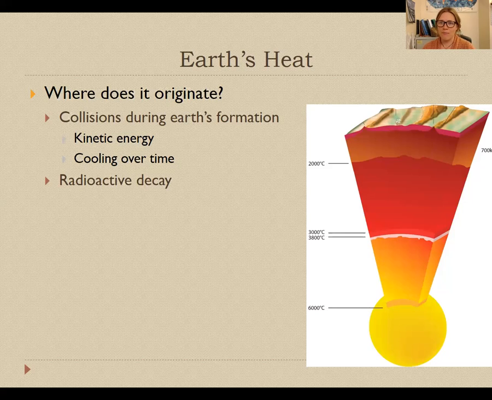Of course, the surface of the Earth is cooler than the core of the Earth because it's able to lose heat more effectively to the cooler atmosphere and space, where the inside of the Earth is much more insulated from that energy loss. But there's another process of radioactive decay of certain materials that also releases energy.